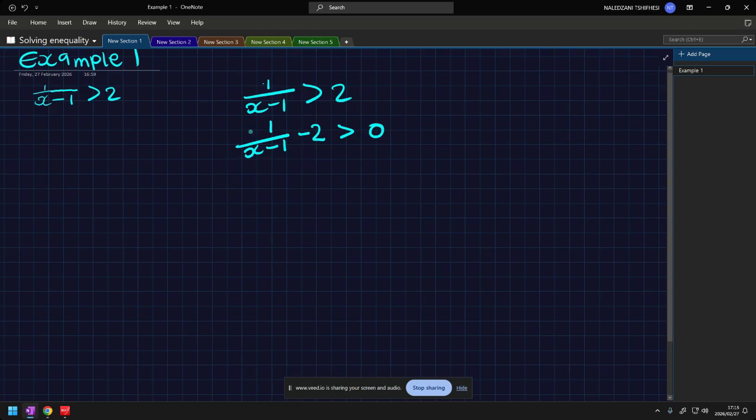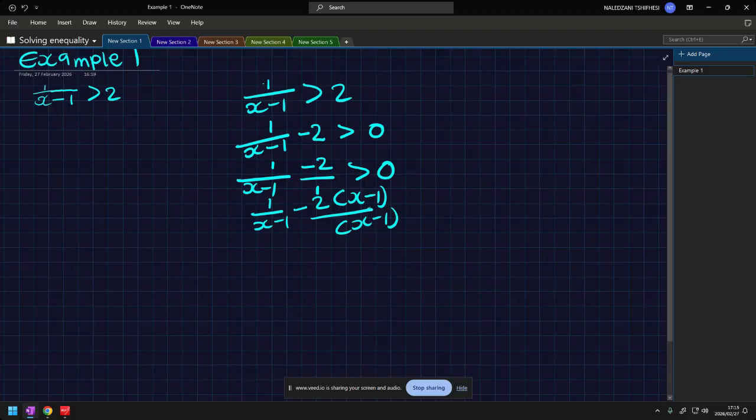So that means we're gonna have 1 over x minus 1 minus 2 over 1 is less than 0, right? Because we want to find the common denominator. So here we're gonna multiply so that we can have common denominators. We're gonna have minus 2 times x minus 1 over x minus 1, less than 0.